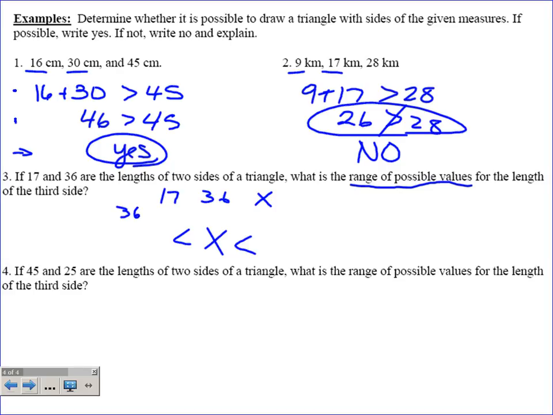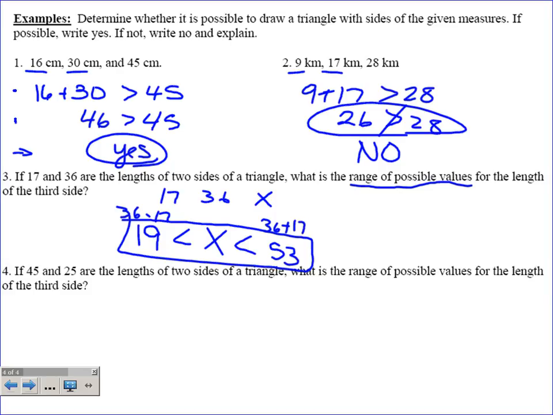What's 36 minus 17? It's 19. Okay. And then how do I get the bigger value? Yeah, you just say 36 plus 17. That's 53. Okay. So my range of values is just 19 to 53.